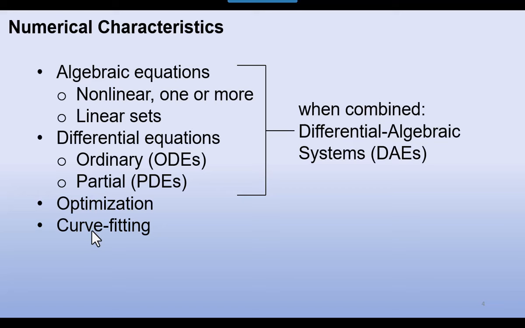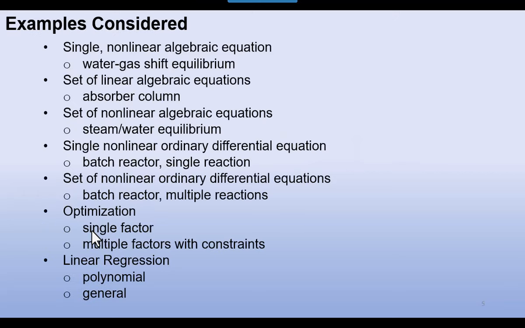So we're going to consider a set of examples here to illustrate how we use Python to solve these general problems. And we'll just present a list here so you have an idea of what's coming. We're going to use a chemical equilibrium for our single nonlinear algebraic equation.